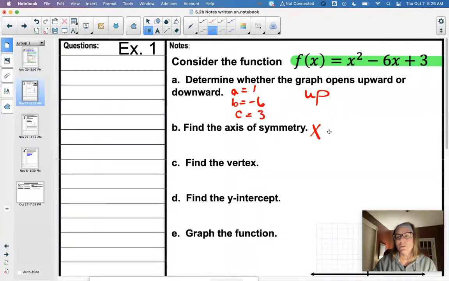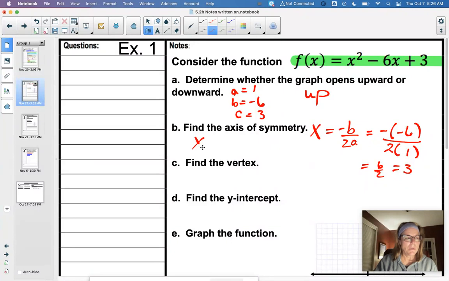The axis of symmetry, because it's in standard form, is x equals -b over 2a. So we have -b. Notice when I substitute in the a and the b, I put it in parentheses, which is 6 over 2, which is 3. So my axis of symmetry is x equals 3.